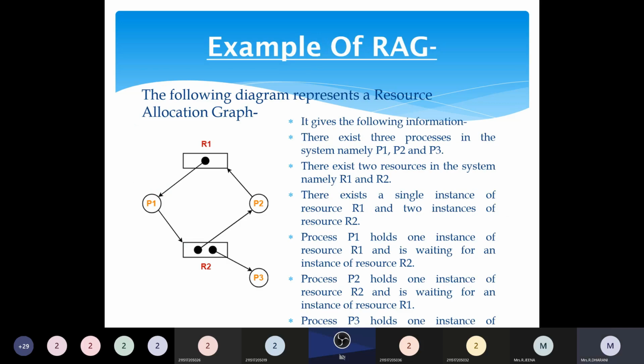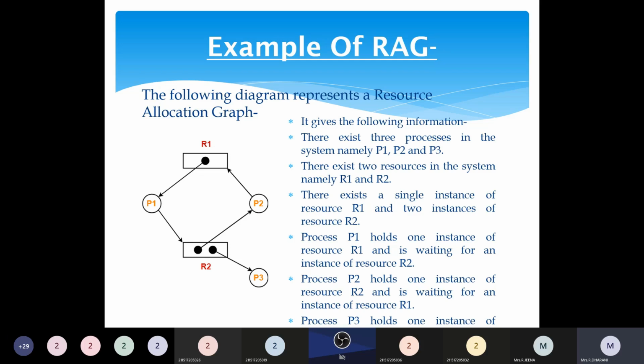So here is an example of a resource allocation graph. As you can see, you can get various information from it. First, there exist three processes, P1, P2 and P3, and there are two resources, R1 and R2. There exists only a single instance of R1 and two instances of R2.